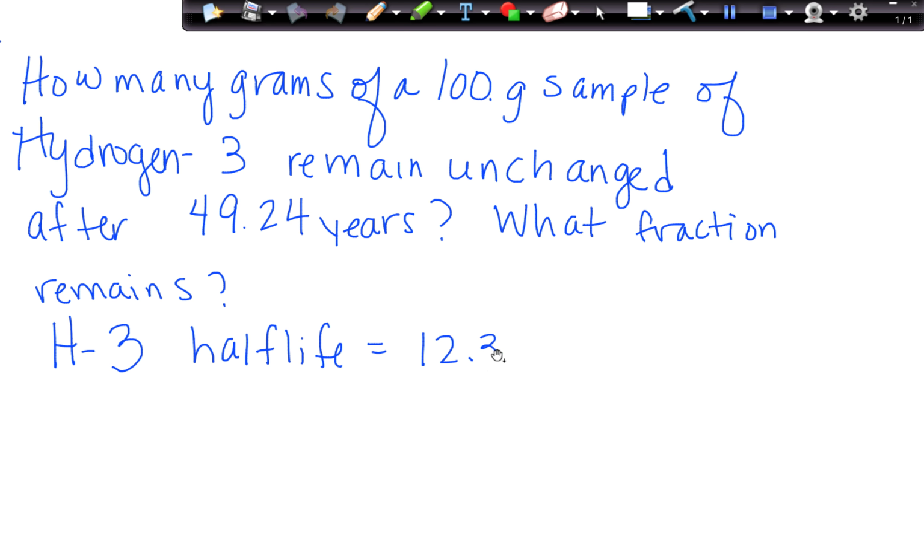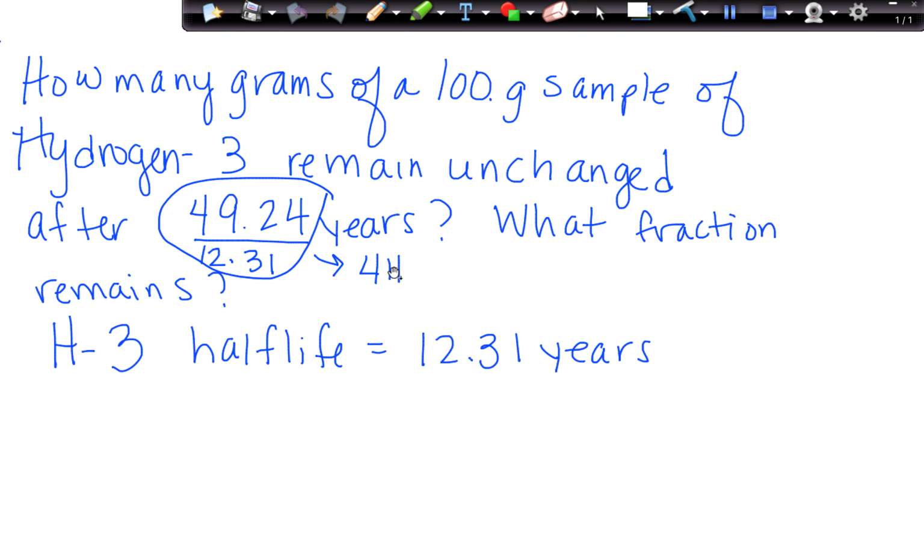And on Table N, hydrogen-3 has a half-life of 12.31 years. That means in 49.24 years, 4 half-life periods go by. So you're always going to take the total time divided by the time for one half-life to find out how many half-life periods go by.